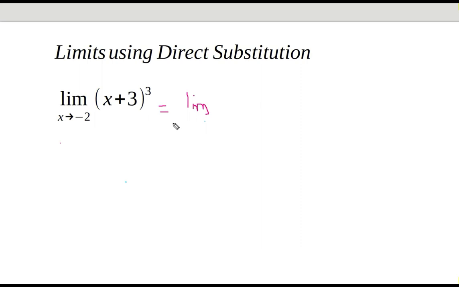We are already putting it in, so I don't need the limit. Remember, the very moment you start putting it in, you don't need to write the limit. Now we have -2 plus 3, and then we have cubed, and that gives us 1 cubed, and that is 1. So the solution is 1.